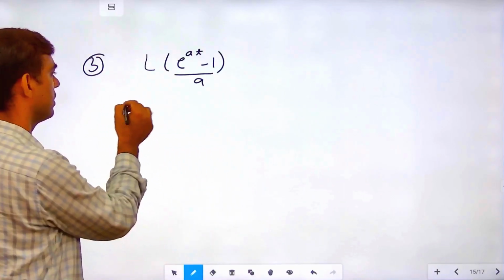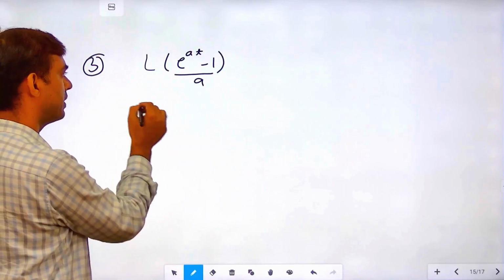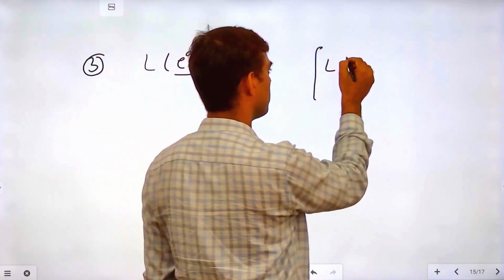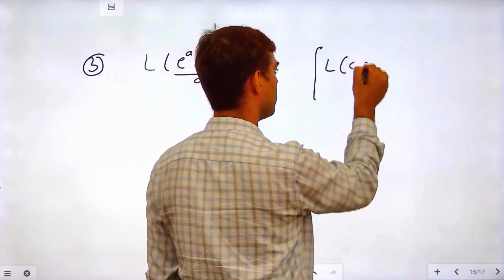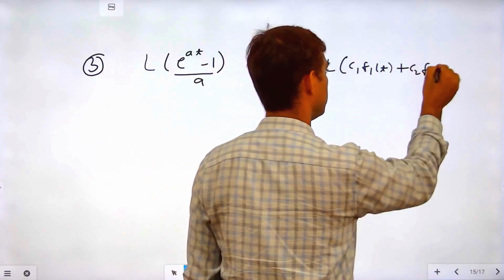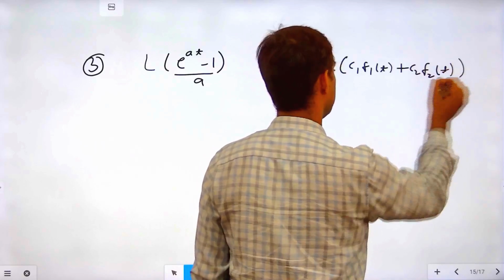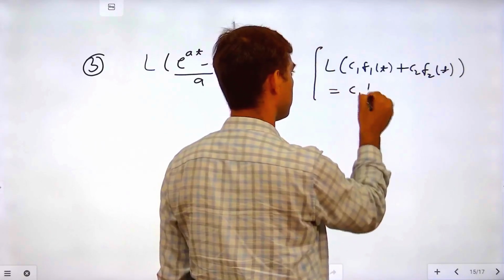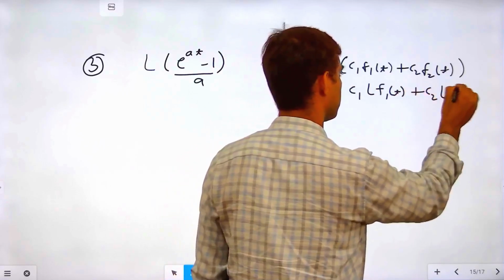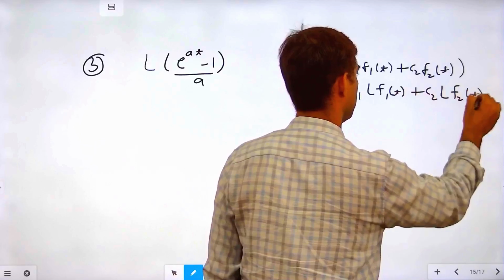Again using the linearity property: Laplace transform of C1 F1 t plus C2 F2 t equals C1 Laplace transform of F1 t plus C2 Laplace transform of F2 t.